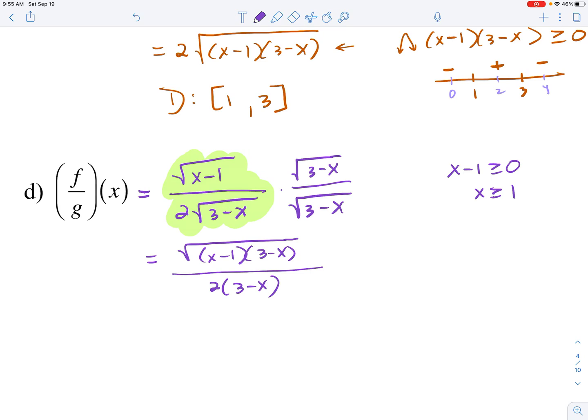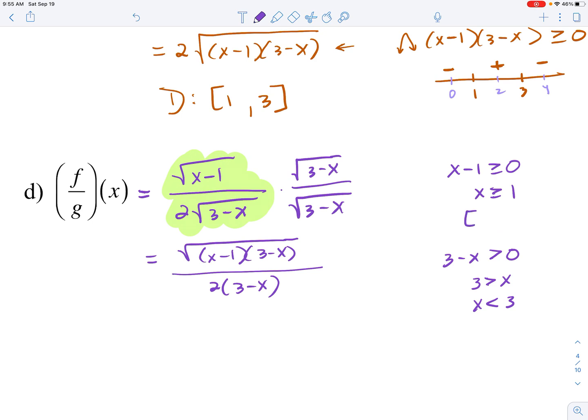Because the square root of 3 minus x is in the denominator, 3 minus x has to be strictly greater than 0. It can't be equal to 0 because it is in the denominator. So adding x to each side of the inequality there, I'm going to flip that around just so that when I read it, I can say x is less than 3. Oh, I forgot to write in interval notation.